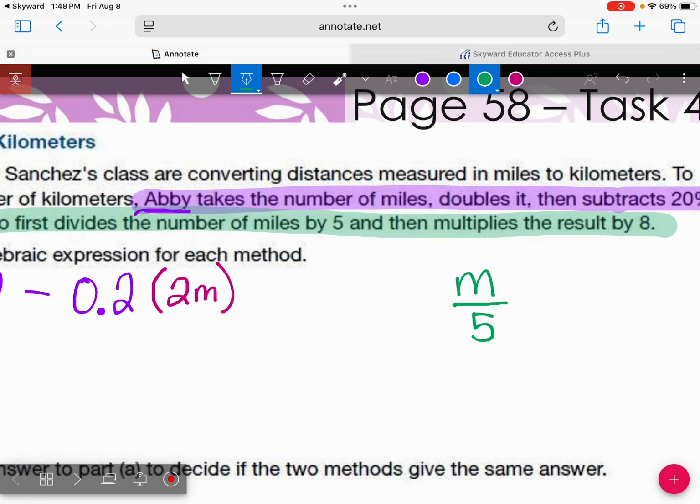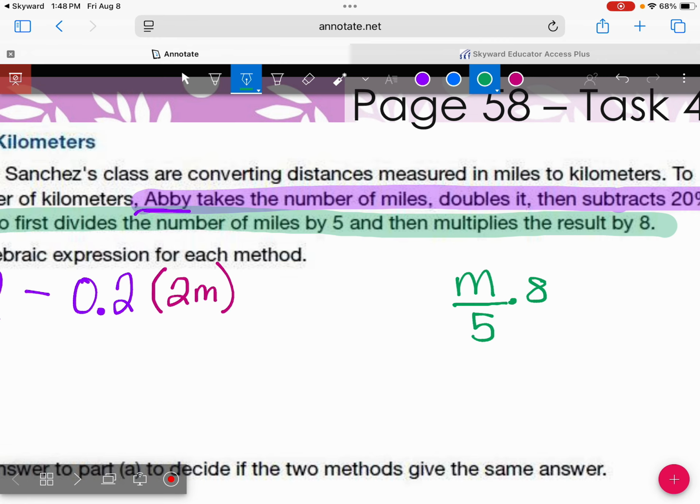But he doesn't just take his number of miles and divide it by 5. What does he do next? Times 8. So he takes this whole piece and then he times it by 8. So you can put it as m times 8. You can do m over 5 times 8. You can do 8m divided by 5. It all does the same thing.